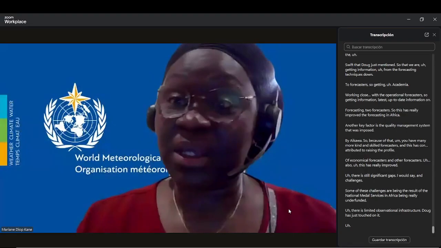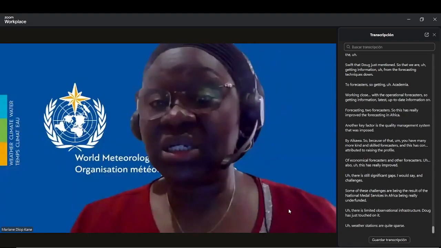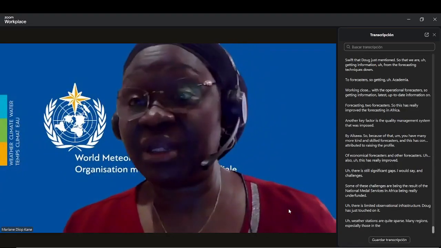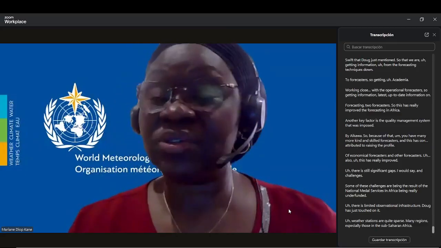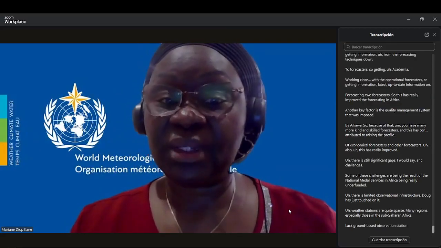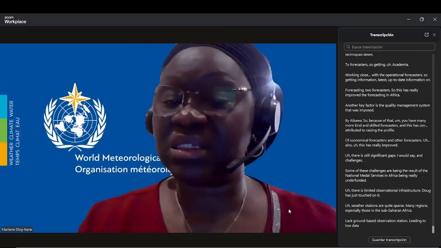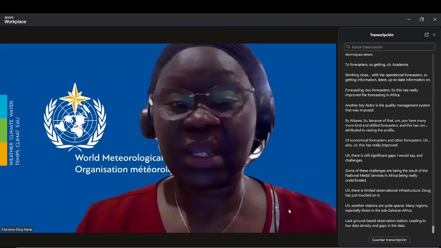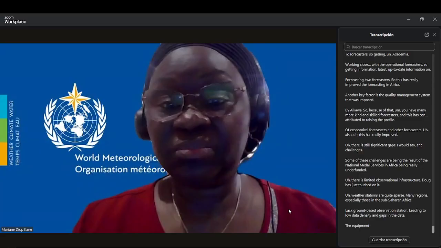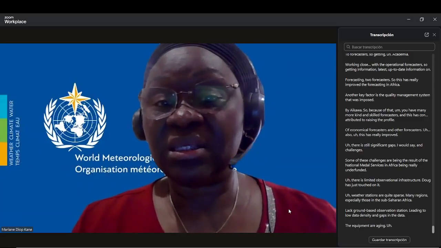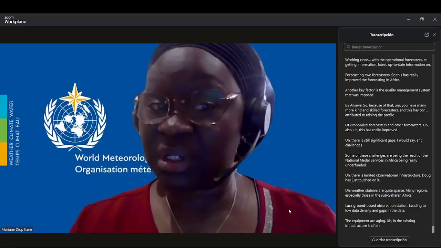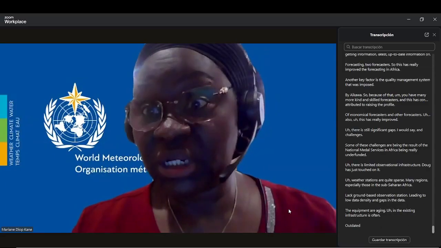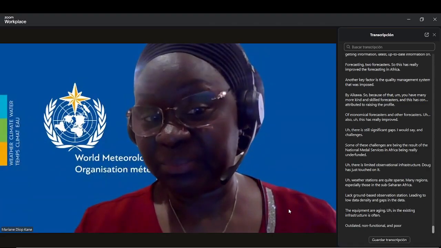Weather stations are quite sparse. Many regions, especially those in sub-Saharan Africa, lack ground-based observation stations, leading to low data density and gaps in the data. The equipment is aging. The existing infrastructure is often outdated, non-functional, and poorly maintained.